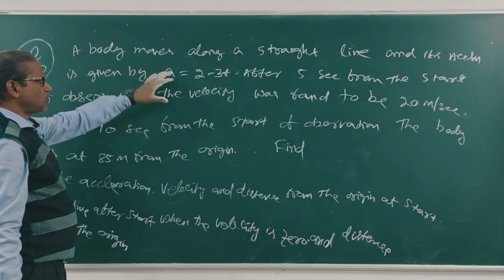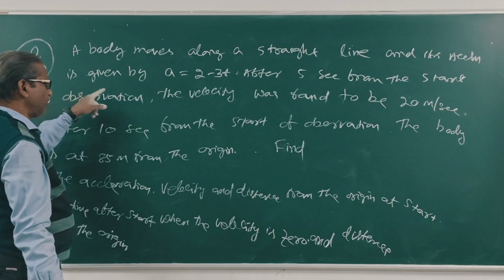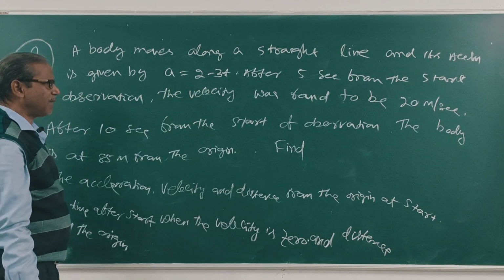A body moves along a straight line and its acceleration is given by a = 2 − 3t.